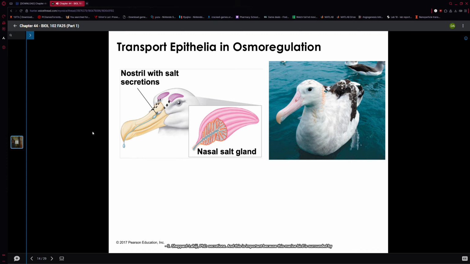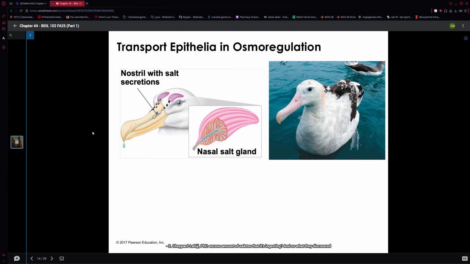And this is important because this marine bird is surrounded by salt water, but it still needs to take in water, right? So the idea was, how is this bird able to take in water from the surrounding environment and kind of not deal with the dehydration that one would expect based on that excess amount of solutes that it's ingesting.